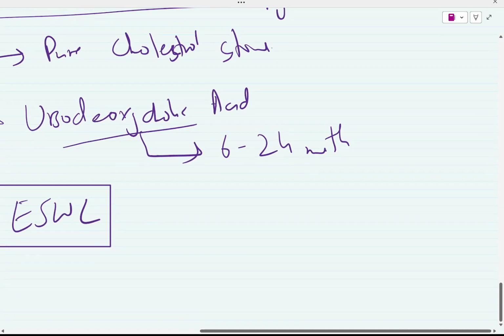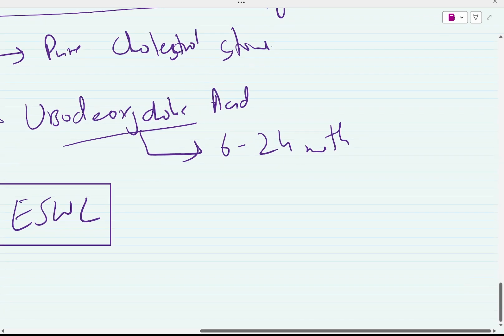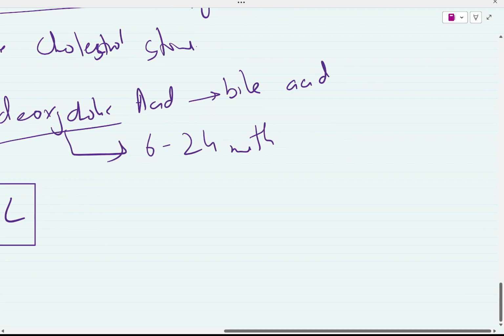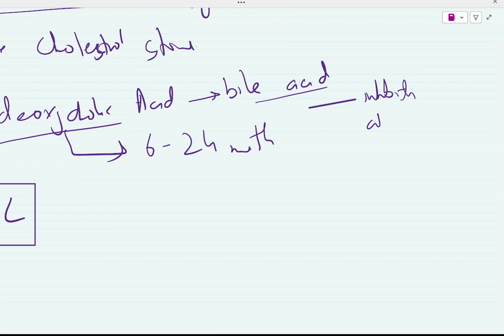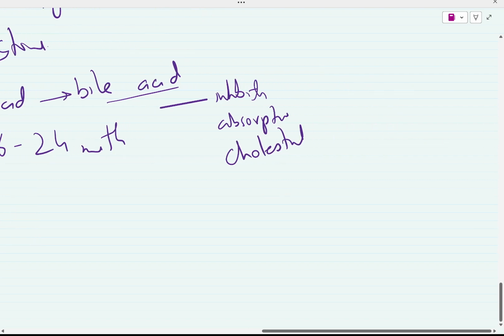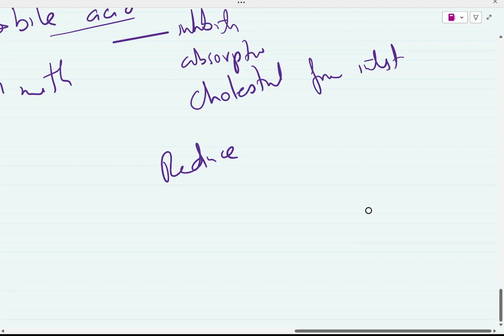This is a bile acid. What does it do? It inhibits absorption of cholesterol from the intestine. It also affects liver cells to reduce hepatic cholesterol synthesis.